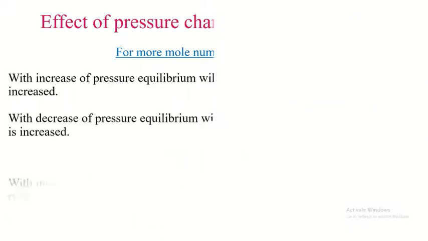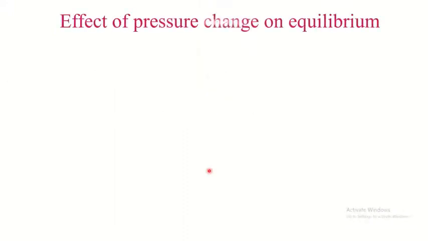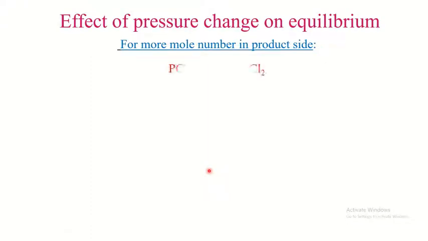Now we will see what will happen if the mole number of the product side is more, when pressure is increased or decreased. For more mole number in the product side, look at an example here. This is the reaction where the mole number of product is more than the reactant.